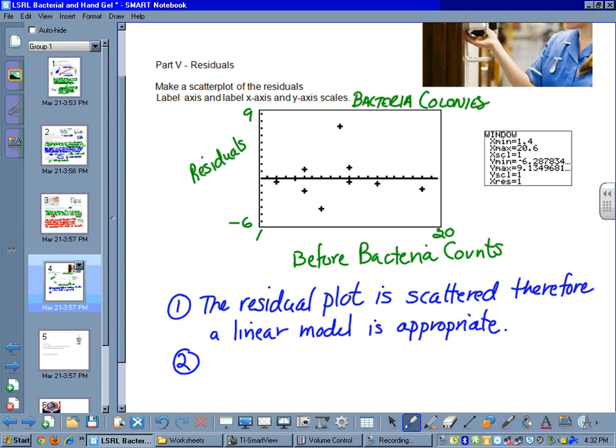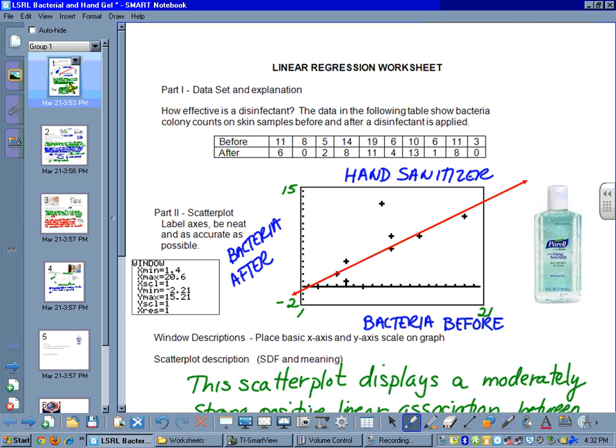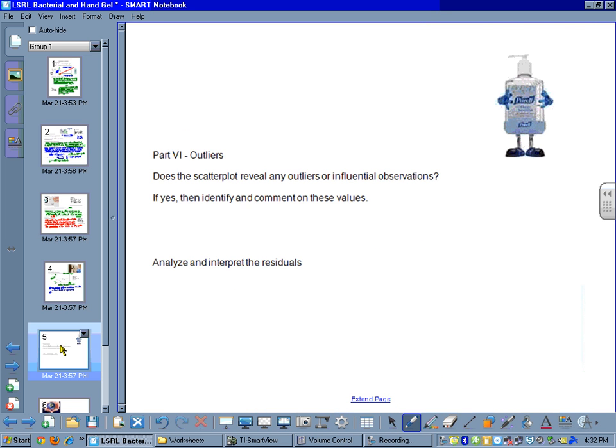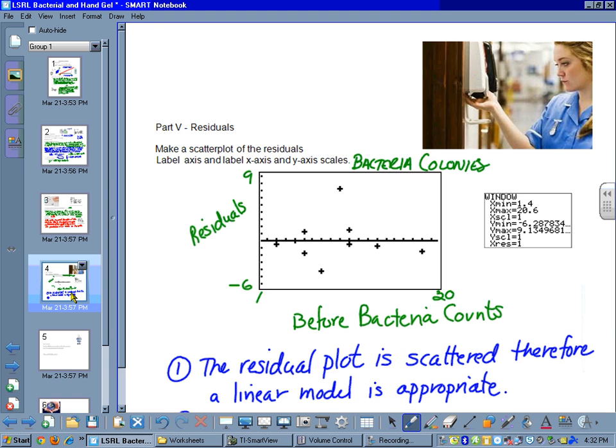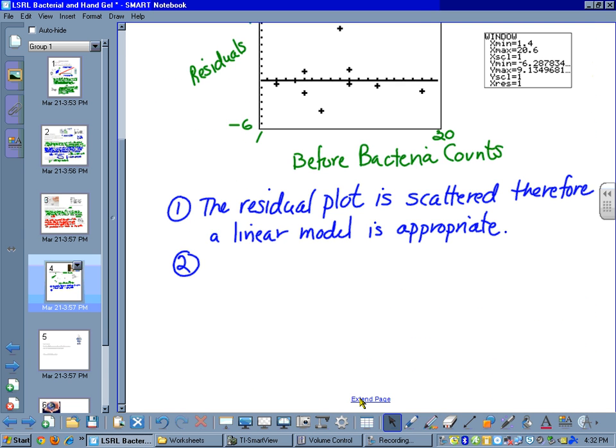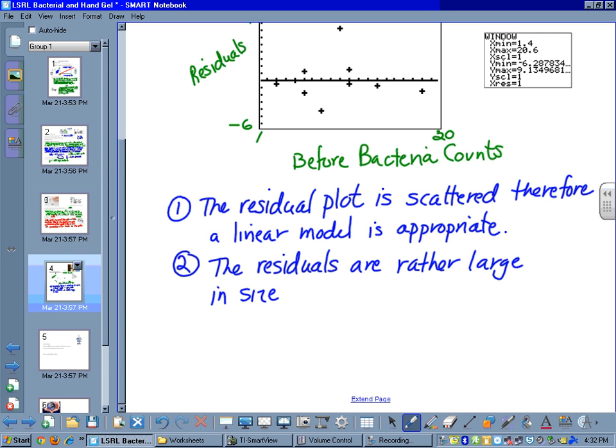Well, we go from a -6 to a +9. That's a stretch of about 15, and if I look back at my original data set, I'm going from 2 to 15. That's a stretch of 17, so my residuals are as large, if not almost larger, than the original data range. So I'm going to say the residuals, and particularly one, are rather large in size.